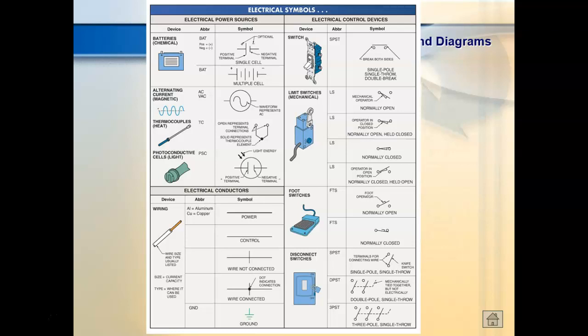Then we have photovoltaic cells. You're okay there, right? Or photoconductive cells. Most people call these solar cells. What do these guys do? Nobody knows what a solar cell does. You run into them all the time now. DC, yeah.